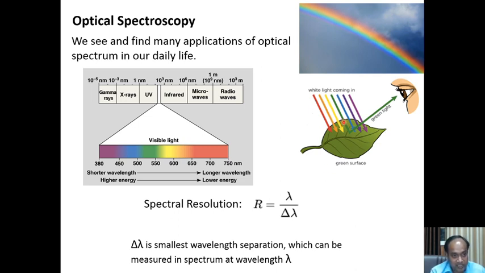When you see a leaf as green, it's because it is absorbing all other colors but leaving out the green color, and therefore it is perceived as green light. And the visible light is, of course, only a very small part of the spectrum.